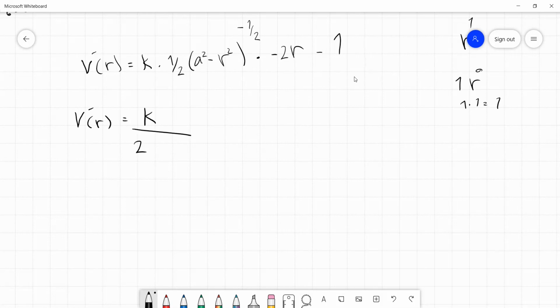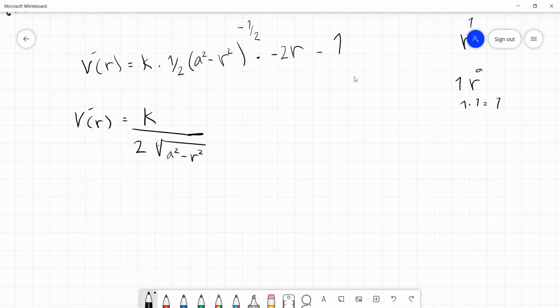And since a squared minus r squared is to the power of negative half, when something is to the power of half, it's just a square root. So let's write the square root, and then let's write the stuff under the square root. The reason it's coming underneath k is because it's negative half. So when it comes underneath the fraction, it has a positive power.